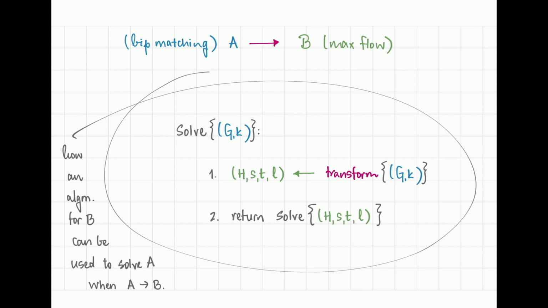So when you reduce an instance of a problem A to an instance of a problem B, if you know how to solve B, then you should be able to combine that algorithm with the reduction to be able to solve A.